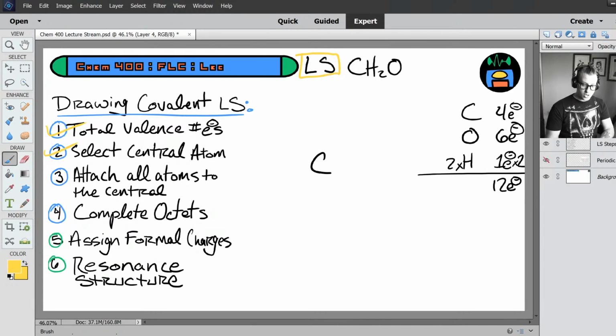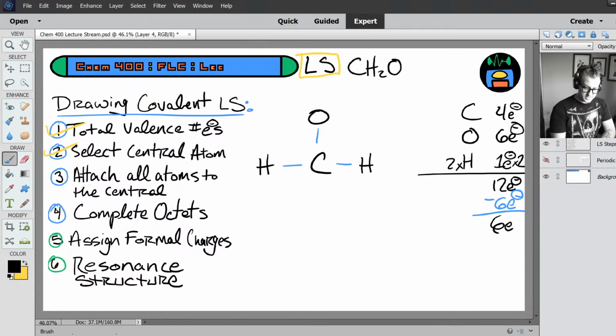Next, we need to attach all atoms to our central atom. So we need to throw an oxygen on here and 2 hydrogens. If we're making 3 bonds, that is going to cost us half of our budget, 6 electrons. So we have 6 electrons remaining. Now we've got to complete our octets. Each hydrogen is totally satisfied.